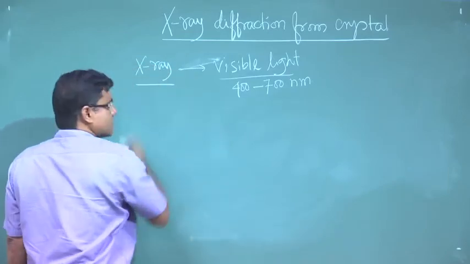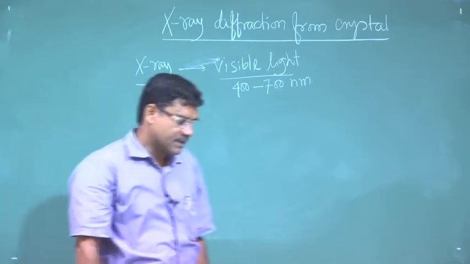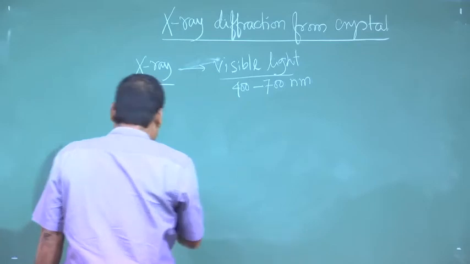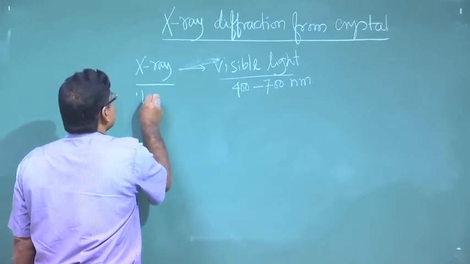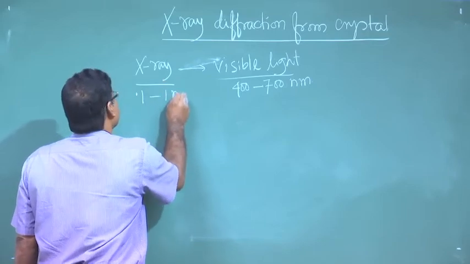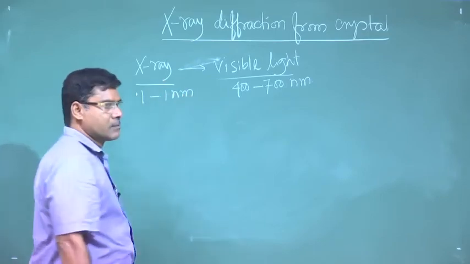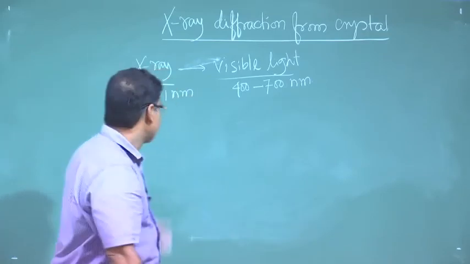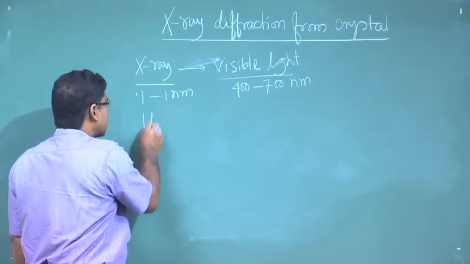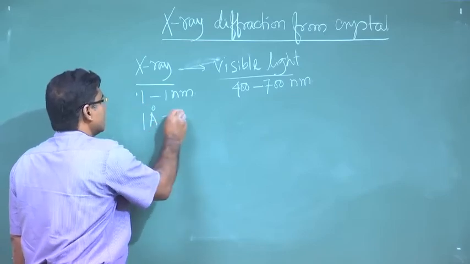And X-ray, this wavelength is, I think, in the range of 0.1 to say 1 nanometer. So, in this range close to this. Okay. So, 0.1 nanometer is basically 1 angstrom to 10 angstrom.